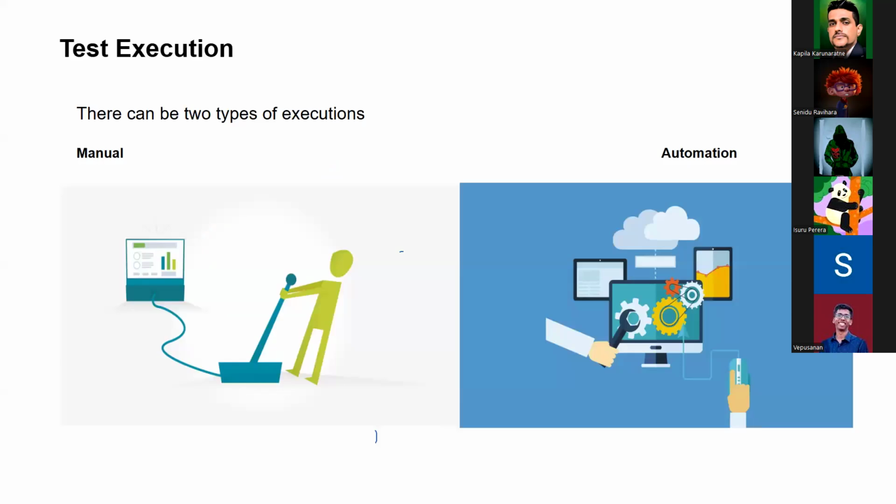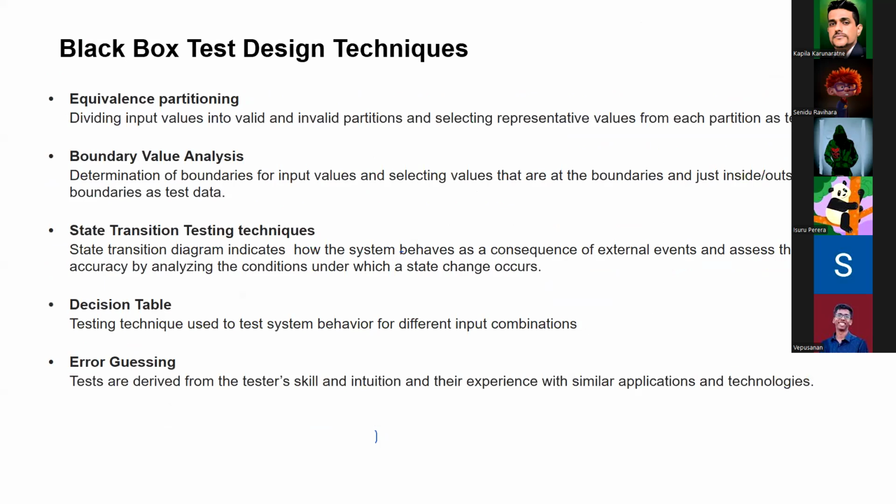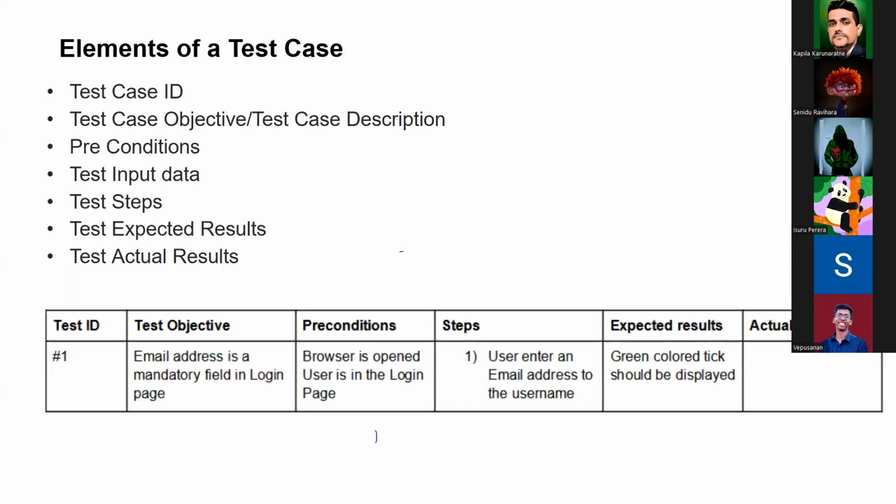So our expectation is once you execute the test cases, you should be able to find a defect. So as I mentioned initially, once you execute test cases, I will come back to the initial slide. So you might remember this, right? Once we executed, we have to capture the actual results.